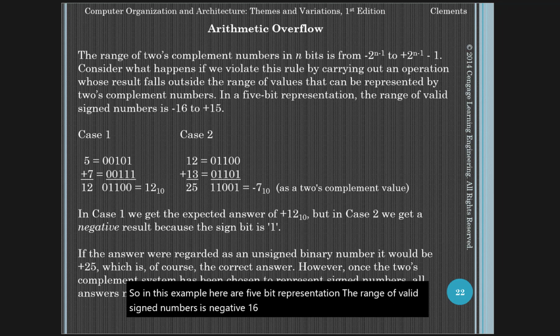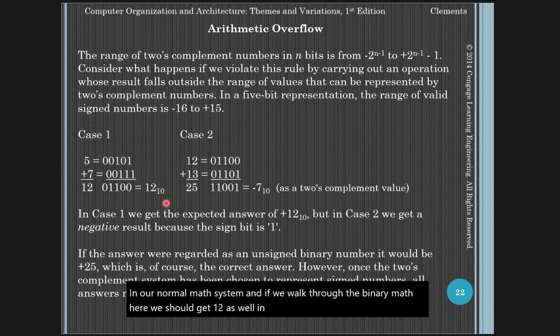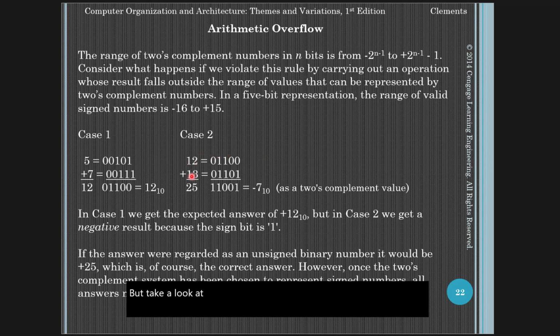So let's look at our first case. We have 5 and 7, which we can add together to get 12 in our normal math system. And if we walk through the binary math here, we should get 12 as well in base 10. But take a look at case 2, our 12 and our 13. We get a negative result because the sign bit is a 1.